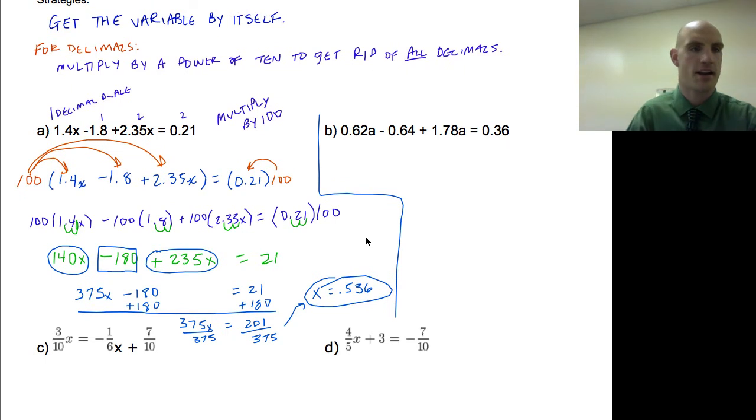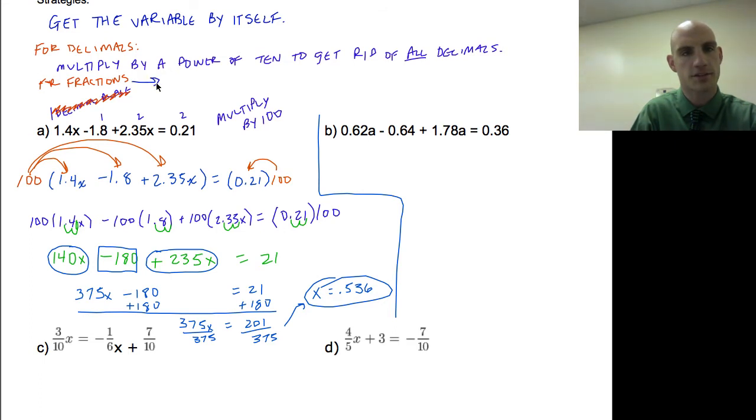Our second strategy is going to be involving fractions. So I'm going to go back up to the top here and say for fractions. And I'll cross out this one little decimal place here so that I don't get confused.